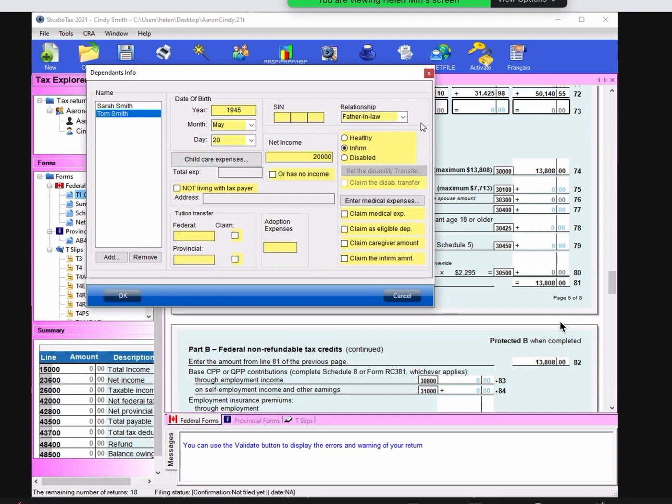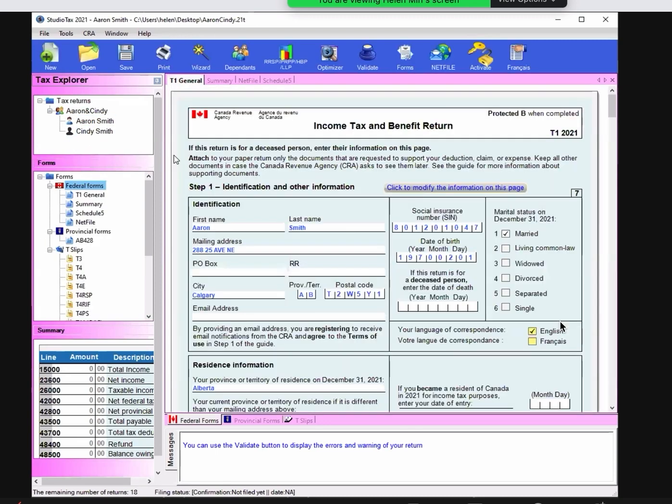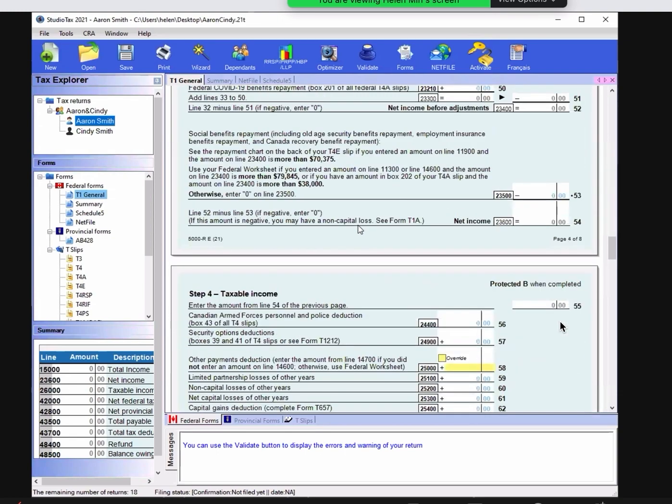You don't need to change father here. Don't need to change anything because Cindy is not claiming Tom. So it's Aaron who claims Tom as the father-in-law. Aaron is 79.